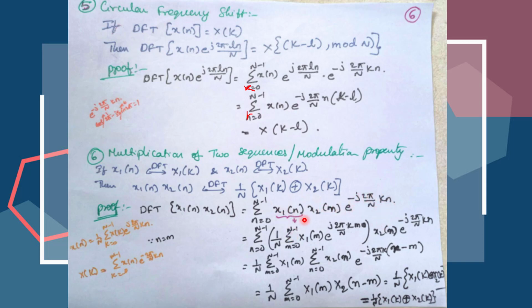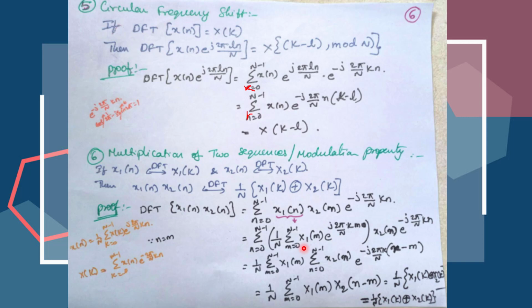Here I am taking the inverse discrete Fourier transform of x of k, that is x1 of n, which can be written as 1 by n summation of m equal to 0 to n minus 1 x1 of m e power j 2 pi by n km, into this term as it is. The next term is x2 of n, and then e power minus j 2 pi by n kn.